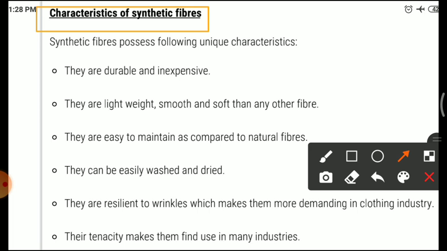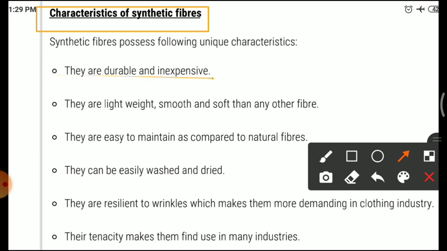You should also find out from your parents about the durability, cost and maintenance of natural fibers compared with the synthetic fibers. Here, the main characteristics of synthetic fibers we can write as: they are durable and inexpensive.